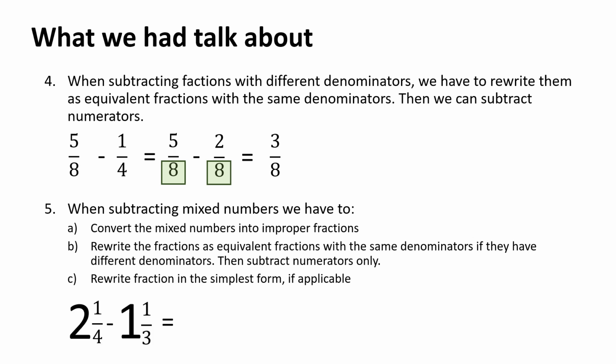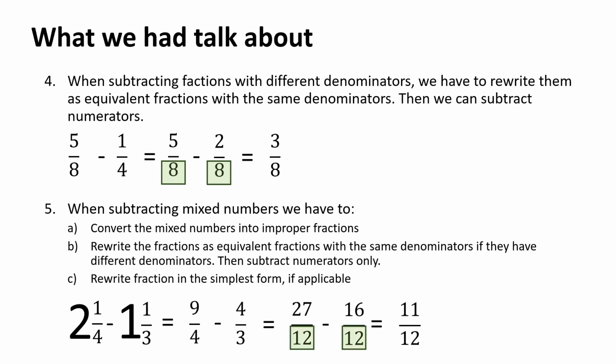For example, 2 and 1 over 4 minus 1 and 1 over 3 equals 9 over 4 minus 4 over 3. And that is equal to 27 over 12 minus 16 over 12 when we rewrite both fractions as equivalent fractions with the same denominator. 27 over 12 minus 16 over 12 equals 11 over 12.